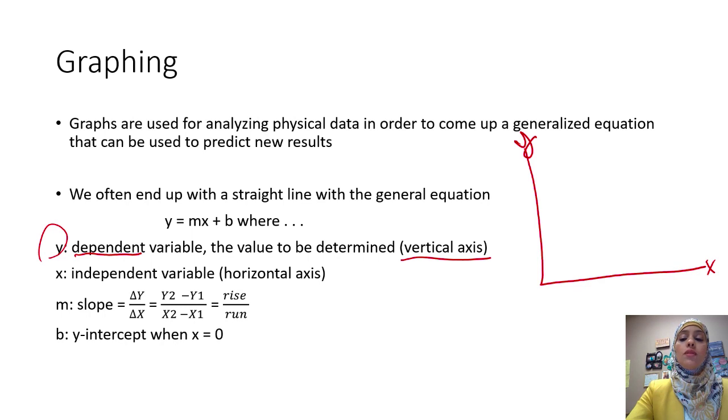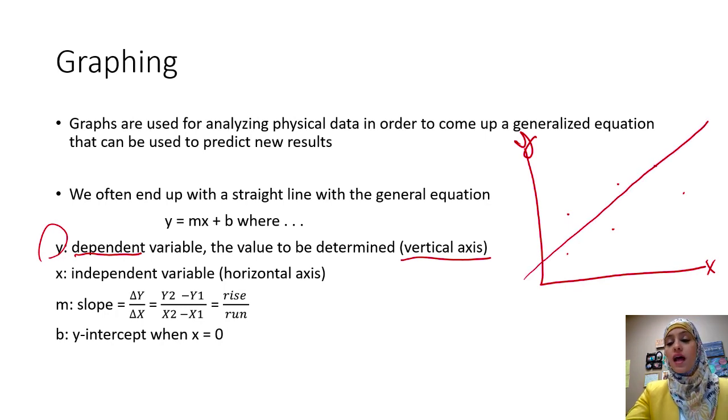So we change x, we see how y responds to that experimentally, we collect data points. Let's say we get something that looks like this, we plot them on our graph, and then we try to do something called the line of best fit. I'm going to do a generic line of best fit here, maybe not the best one.